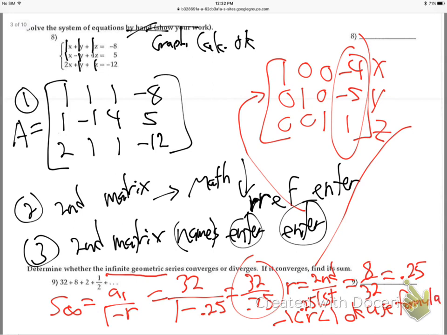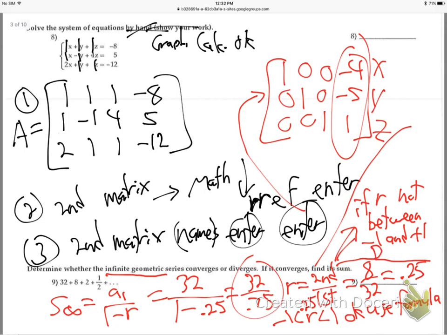If R is not between -1 and +1, what do you say? Diverges, which means it doesn't ever come to one fixed number. There's no answer. So you have to check that.